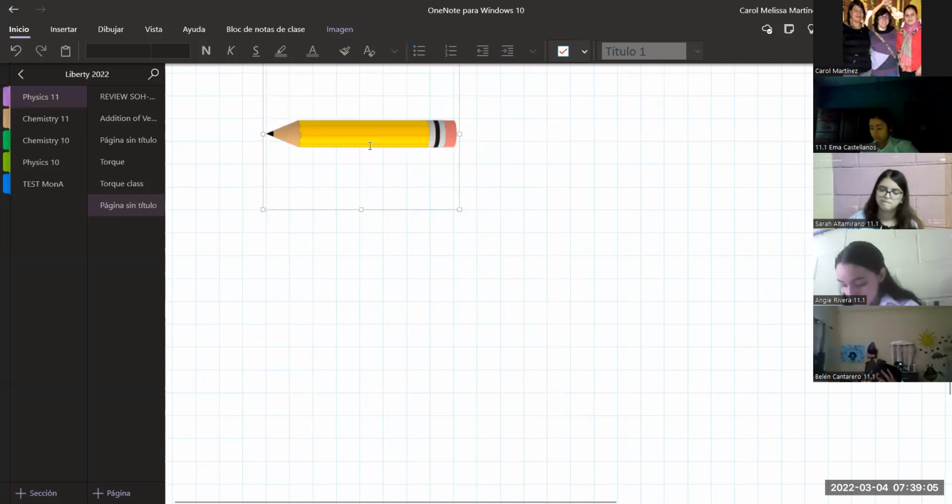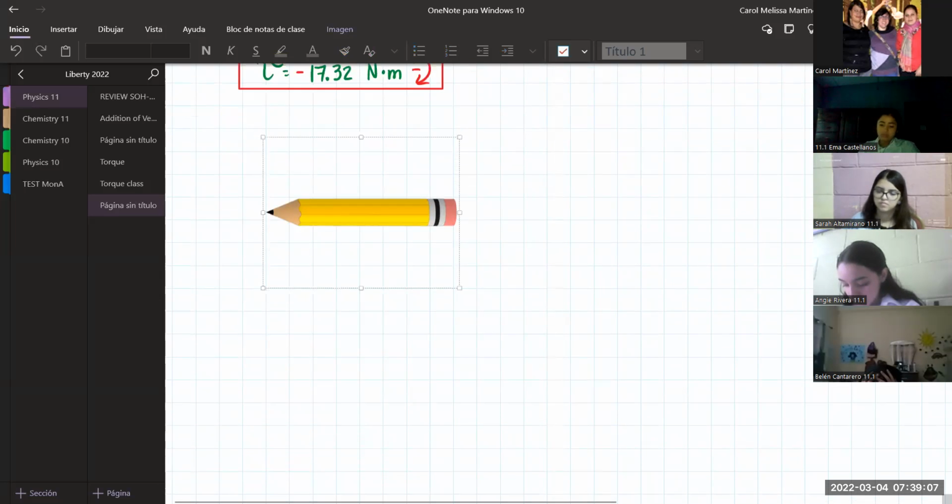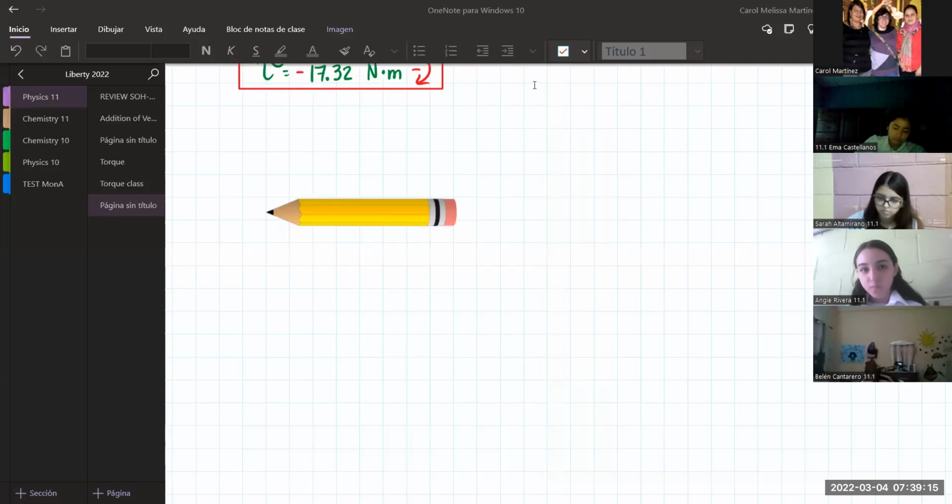Okay, let's try with this one. My pivot, in the case of the pencil, is always going to be the eraser, okay? So here I have my pivot. Now this pencil has a different length. This is a different pencil, okay?